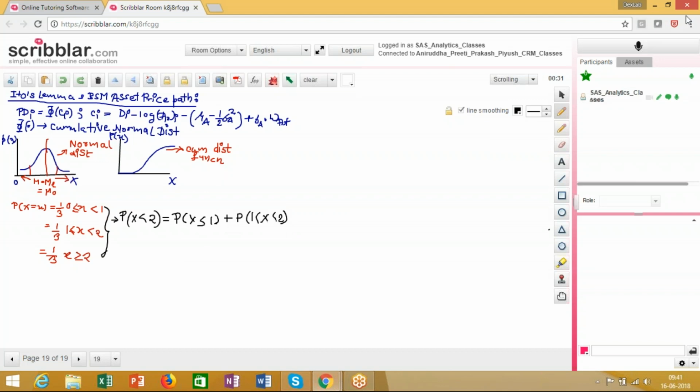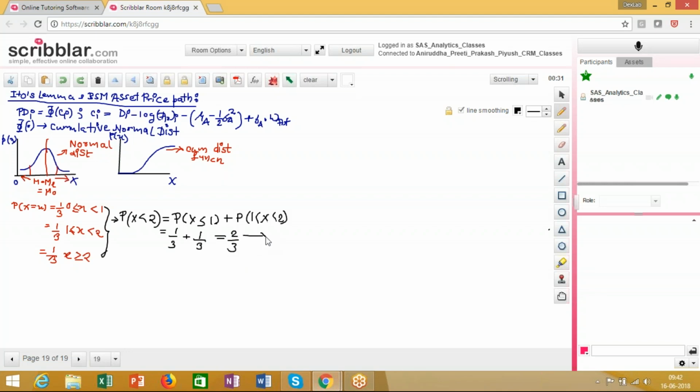The probability of getting x less than or equal to 1 is 1/3, and between greater than 1 and less than 2 is also 1/3. Therefore the total probability of getting a value x less than 2 is 2/3.